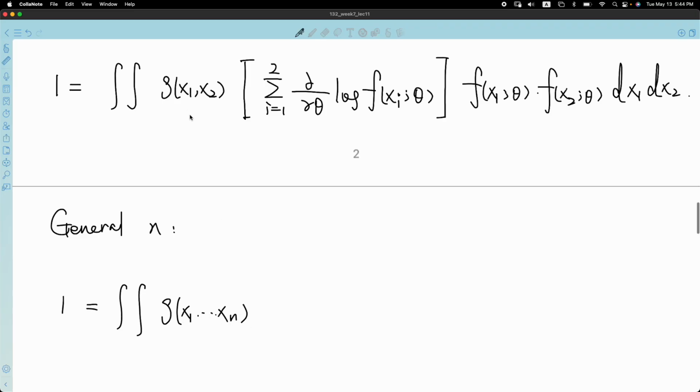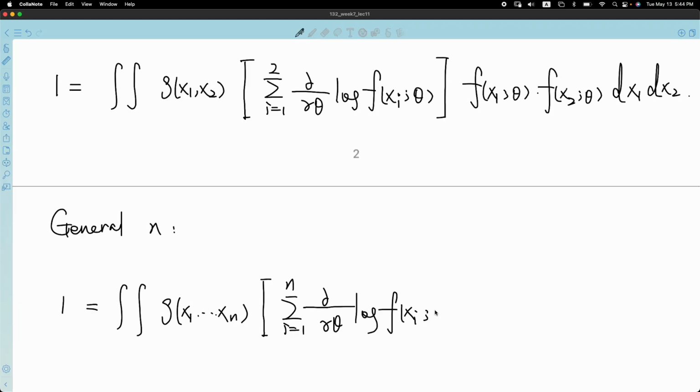Here you only have 2 data points, x1 and x2. Now with n or more data points, you will have more information to estimate the parameter. And then for the square bracket, instead of 1 to 2, you can have 1 to n. So each of the data points is contributing information for your estimation.